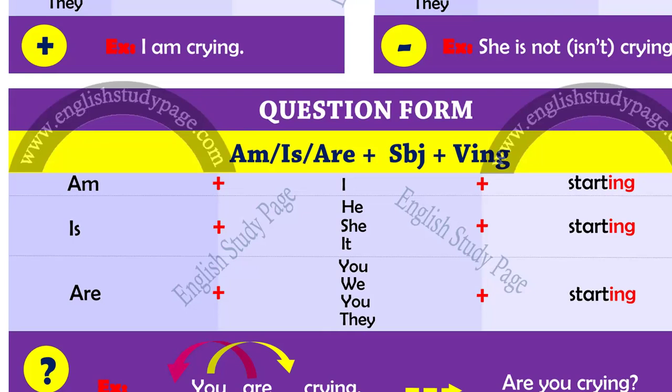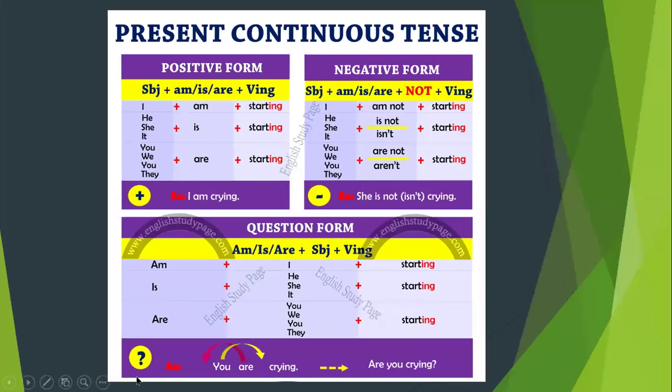Is your friend traveling around the world? Is he or is she traveling around the world? So the person goes in the middle when we want to ask a question, in the middle of the verb to be and the second verb, the main verb, with ing, which you can see in red. Always in red. So that's what we have.